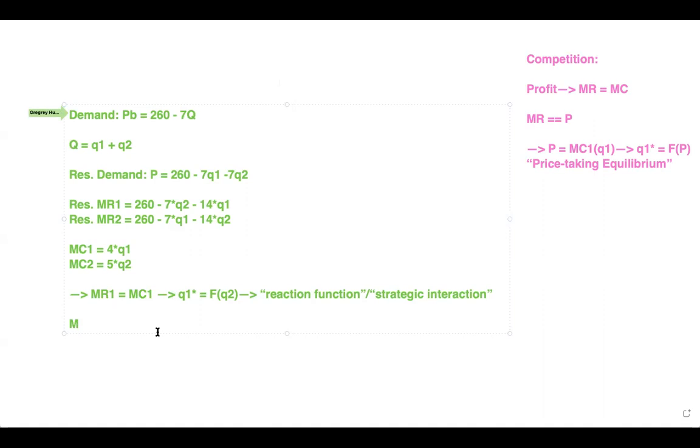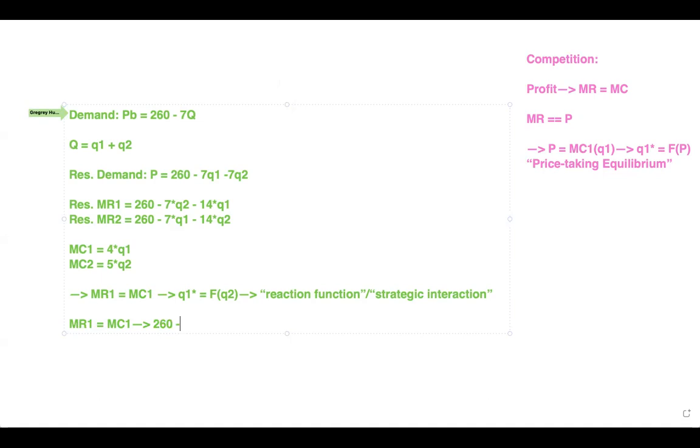So now I have the residual marginal revenue of firm one. So I'll go ahead and write that and put it equal to the marginal cost of firm one. And we'll just run through the algebra really quickly.